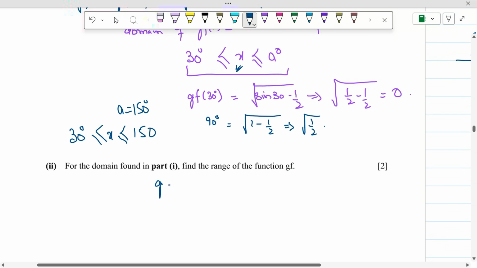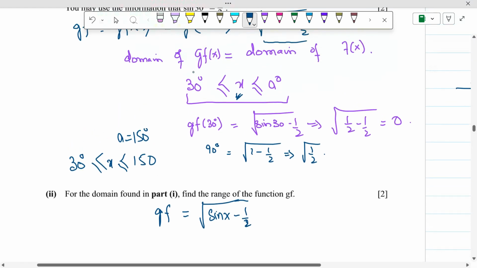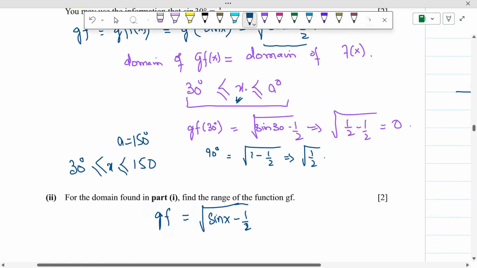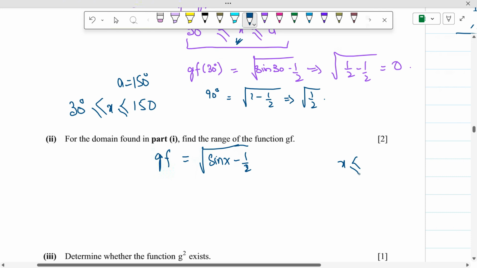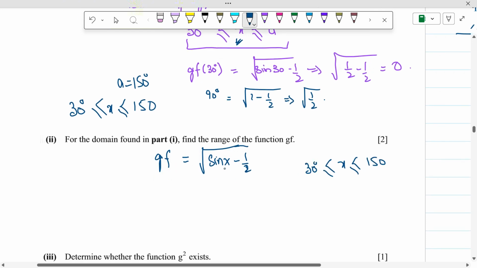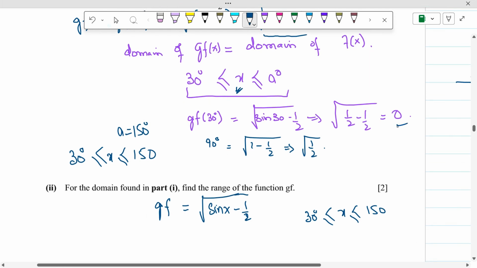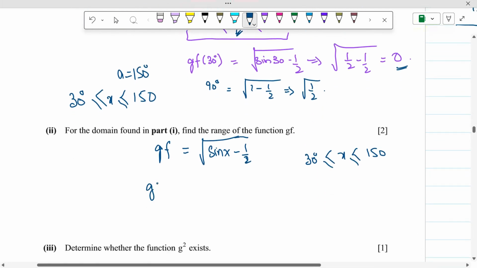We just calculated that g of f is equal to the square root of sine of x minus half. Now we just calculated the domain, which is 30 to 150, and we know that when we plug in the value of 30 we get the value of 0. So we can say that g of f of x at 30 is equal to 0.